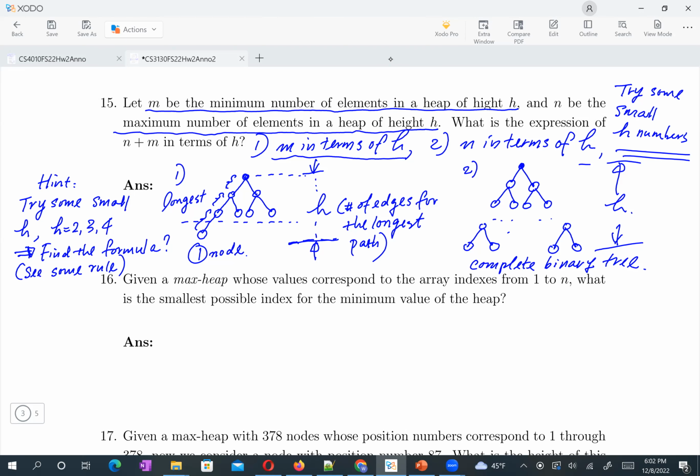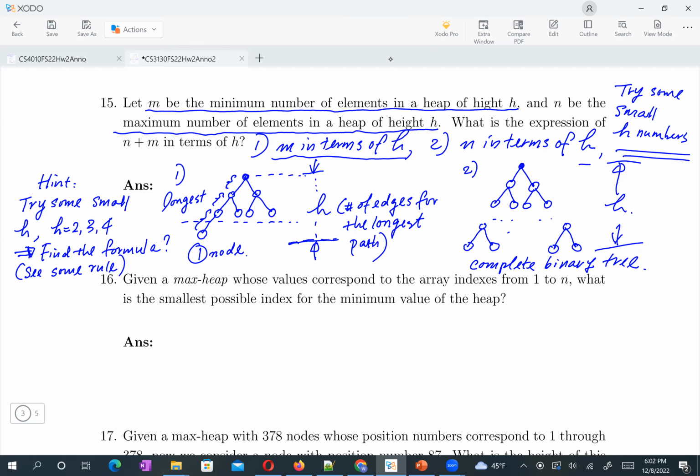The last thing: try to answer this question for relatively small h and see what rule you get. After you try 2 or 3 examples, you can find the rule immediately and get your answer in a general formula.